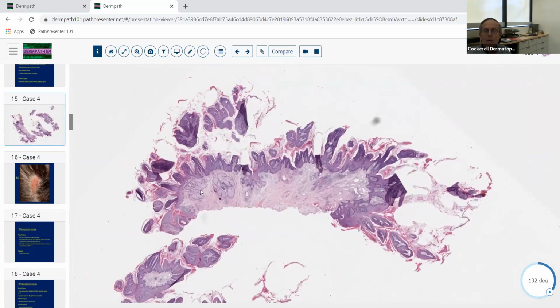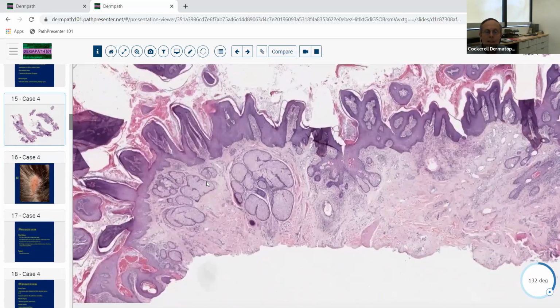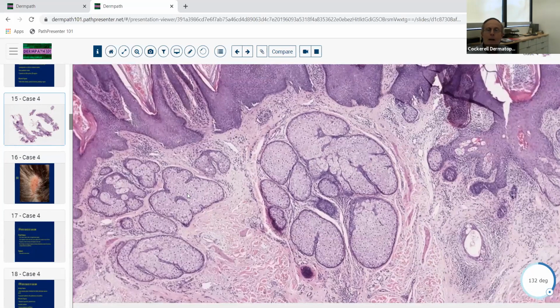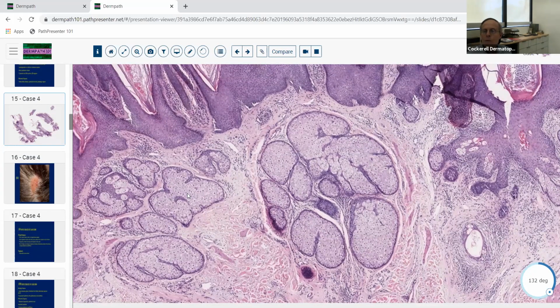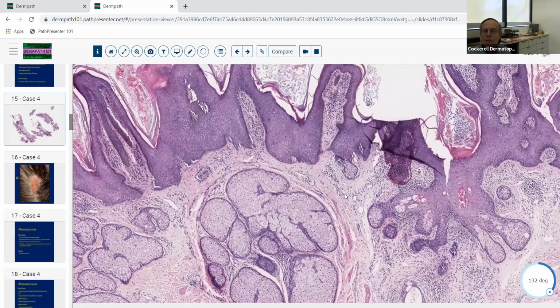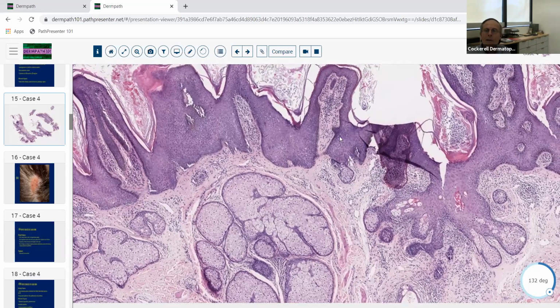You've got areas over here where there are some sebaceous lobules. And notice that the sebaceous lobules are not associated with hair follicles. They're sitting there alone in the dermis. And in some cases, you may even see where they enter directly into the epidermis. They dump primarily into the epidermis. They're not associated with any follicles.